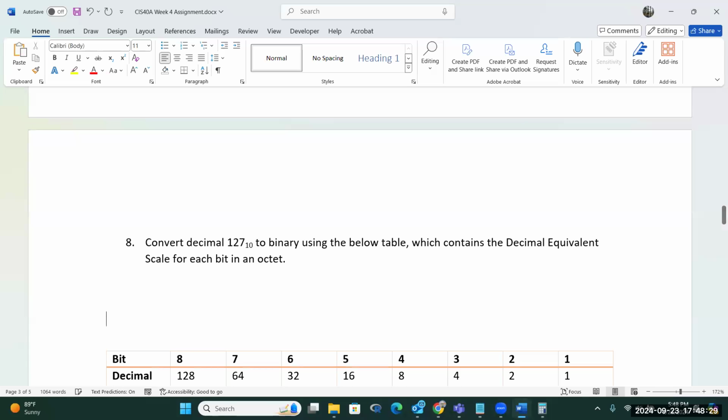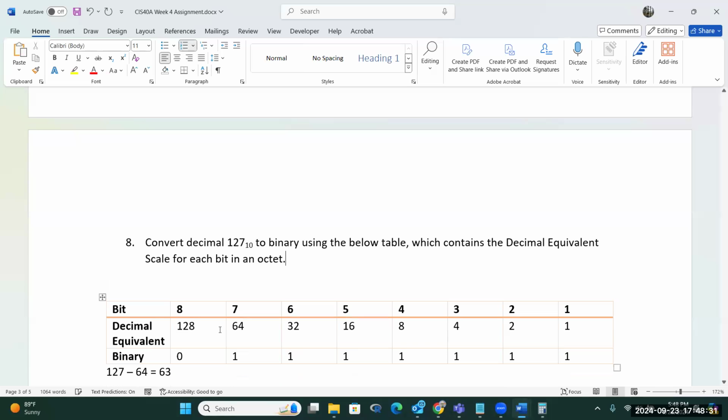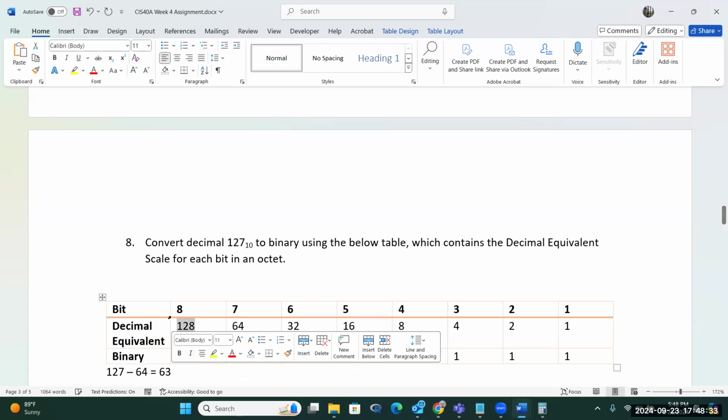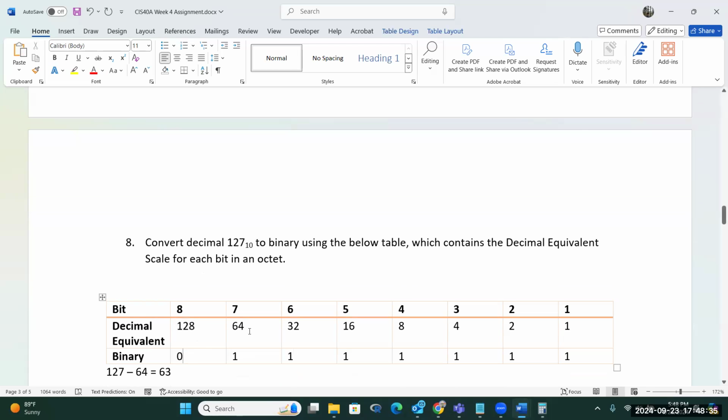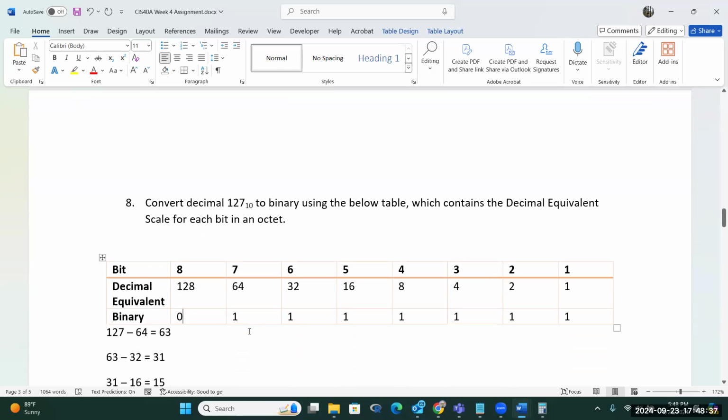That should be easy. Well, you know it cannot be 128 because it's less, so 0 goes there, right? And I take 127, go down my scale, I know that I can subtract 64. So I put a 1 there. 127 minus 64, I'm left with 63.